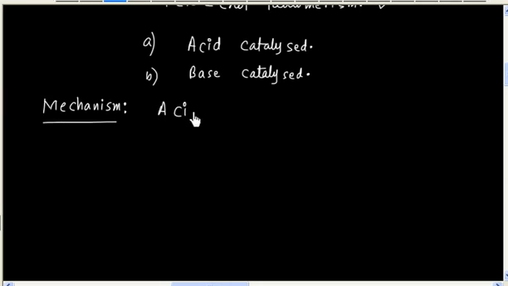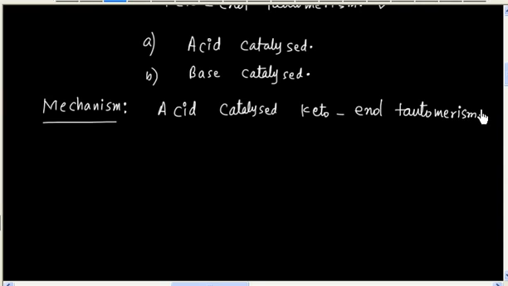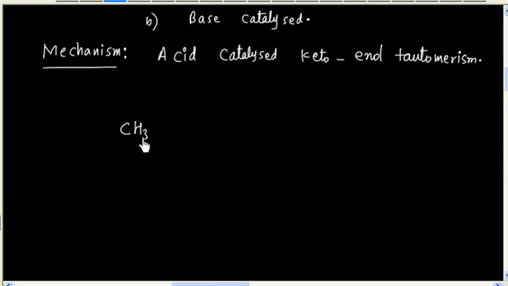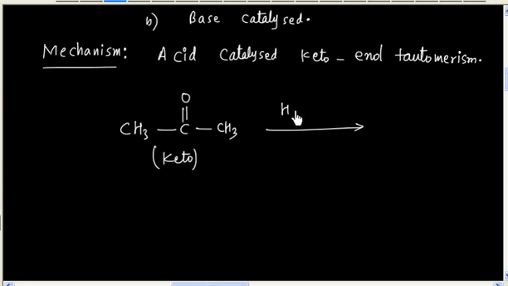Acid catalyzed keto enol tautomerism. So we have keto form and we have acid.